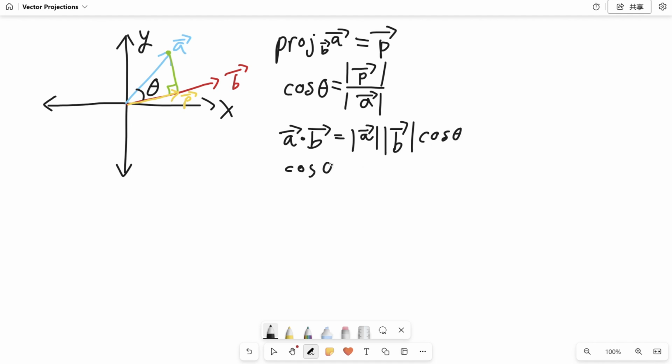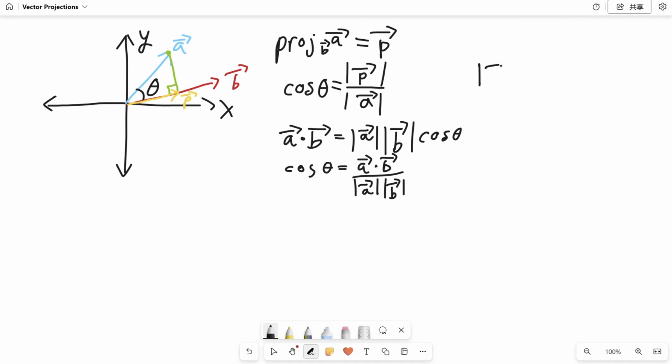Therefore, cosine theta is equal to the dot product of vector A and B over the product of the magnitude of A and magnitude of B. We know that these two expressions on the right-hand side are equal because cosine theta equals cosine theta. So, we just put them together.